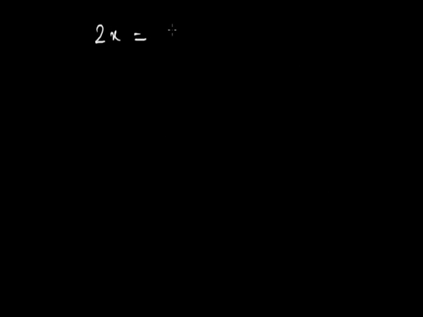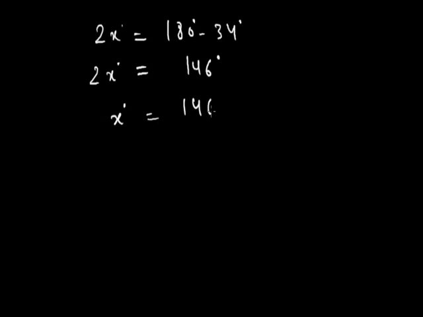I will get 2x degree is equals to 180 degree minus 34 degree, which is equals to 146 degree. So 2x degree is equals to 146 degree. That means x degree is equals to 146 divided by 2, which is equals to 73 degree.